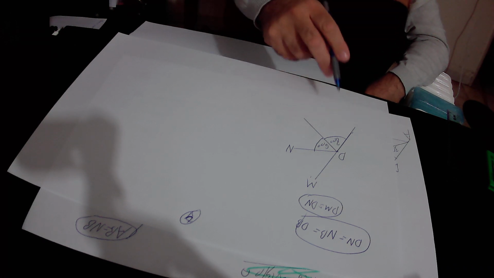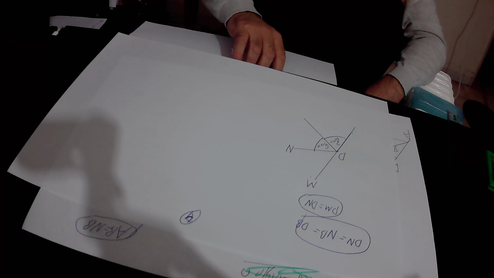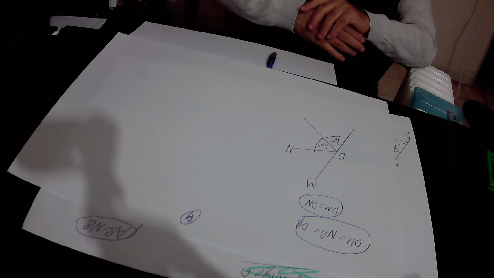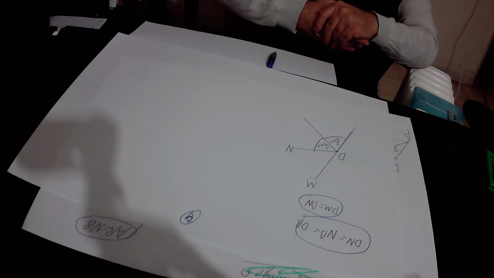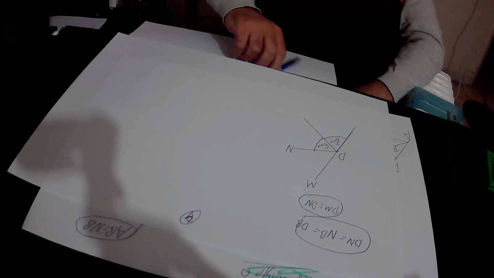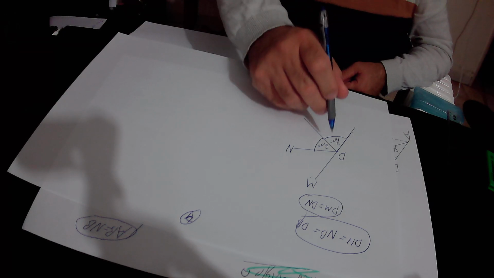Plus the missing angle, in total, the sum of those two angles must be equal to 180 degrees, according to the rule that the sum of the angles on one side of a straight line is equal to 180 degrees. Therefore, the missing angle here must be equal to 40 degrees.